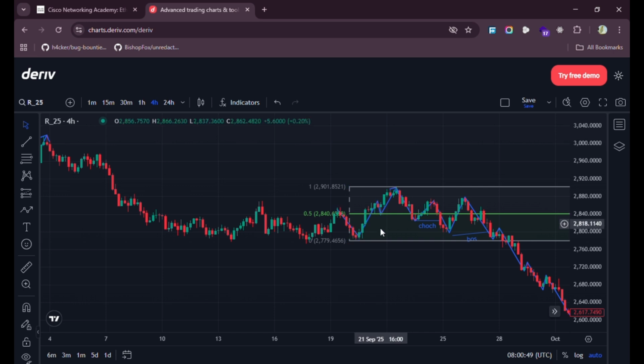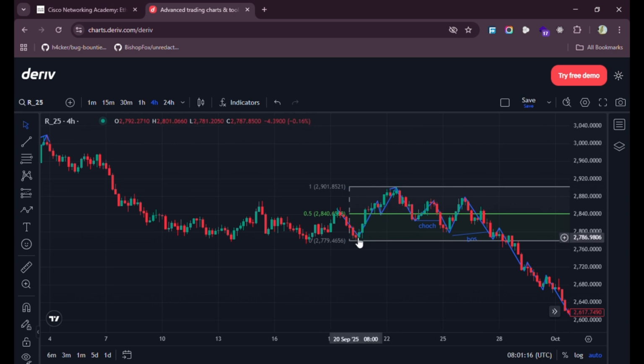From 50% to 0, this is what we call the discount. But then it depends on how you placed your Fibonacci tool. Someone else may place the 1 pin down here and the 0 pin on top. So always remember that on top is premium, down is discount. You want to buy when the market is here and sell when the market is at this point.